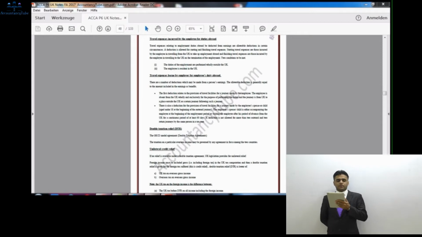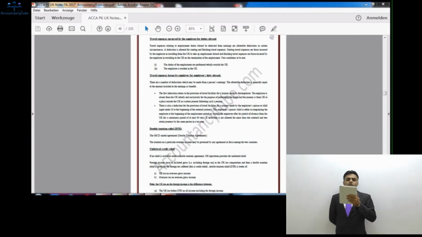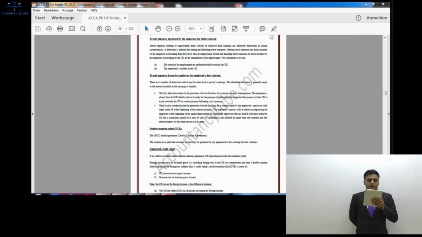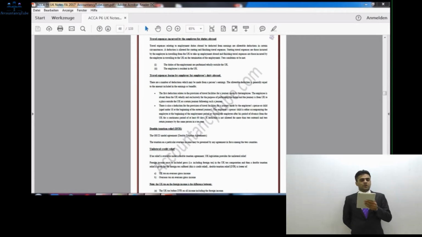These are the travel expenses incurred by the employee for duties abroad, as you can see on your video screen as well. Travel expenses relating to employment duties abroad will be deducted from earnings as allowable deductions in certain circumstances. So these will be allowable deductions, but in certain circumstances.